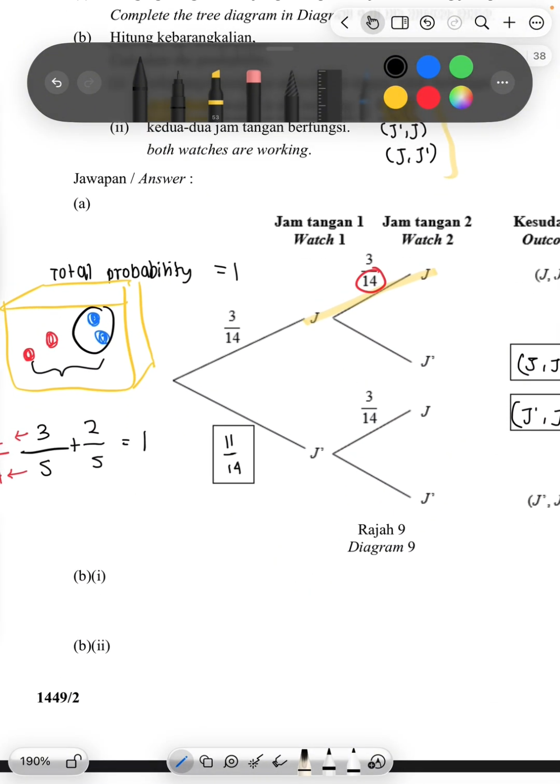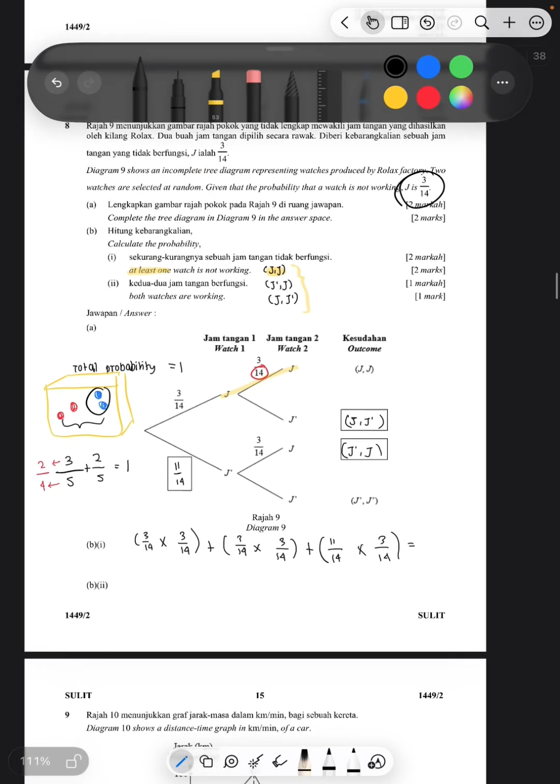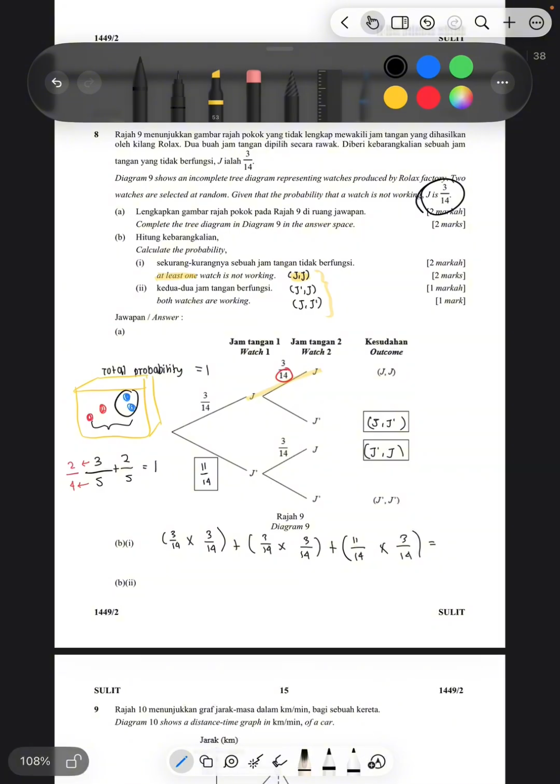So, 3 over 14 times 3 over 14 plus 3 over 14 times 3 over 14 plus 11 over 14 times 3 over 14, and you get... But for this question, I think I want to recheck.